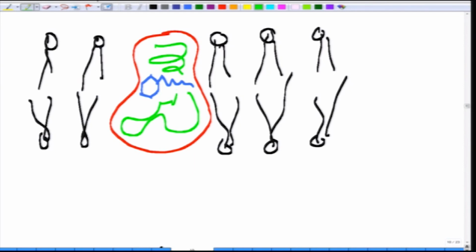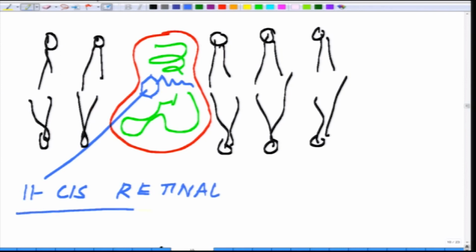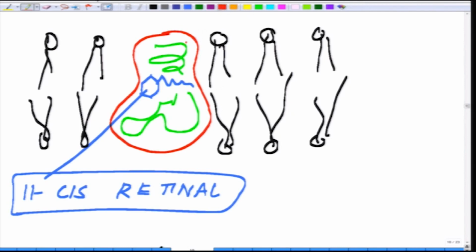Now, when the light falls, this retinal moiety remains as 11-cis retinal with an aldehyde group. Once again you have the opsin moiety, and altogether it is a rhodopsin.